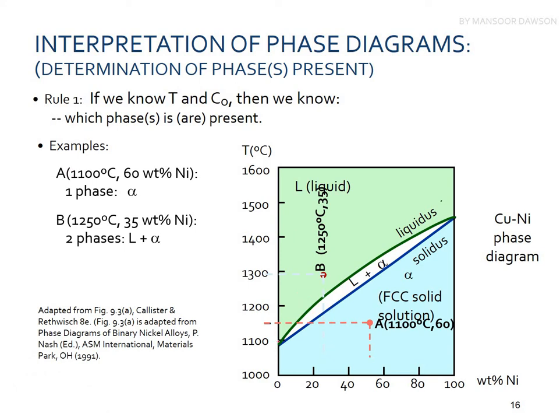At 1100 and at 60% nickel would be this phase, alpha phase, solidus phase. And for this, we can look at the color.